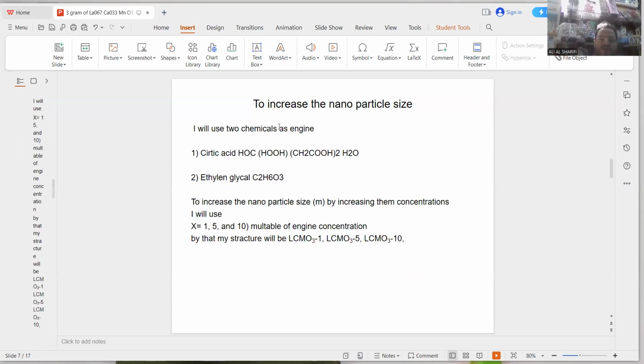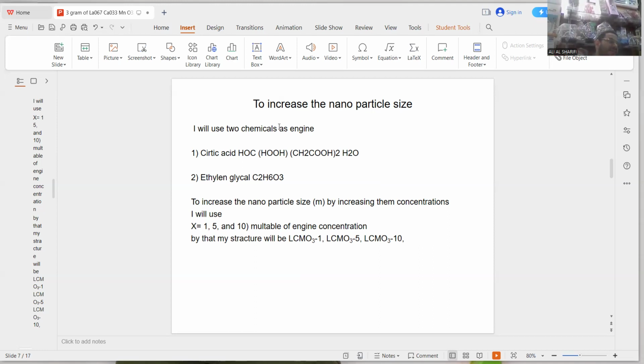Now, let's focus on how we can increase the nanoparticle size. The first advantage of the agents, citric acid and ethylene glycol, is to prevent the cracks when the wet gel converts to dry gel by using a traditional evaporation process.